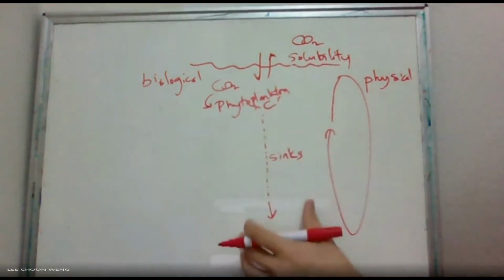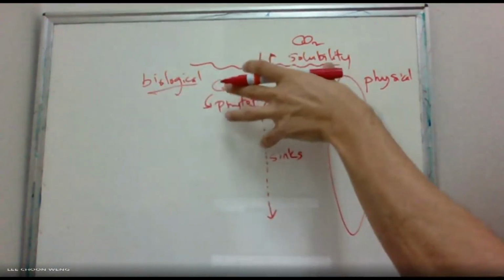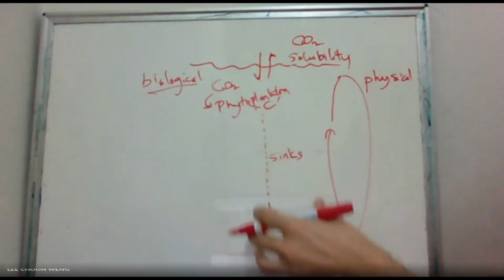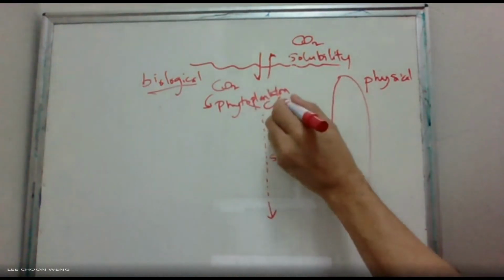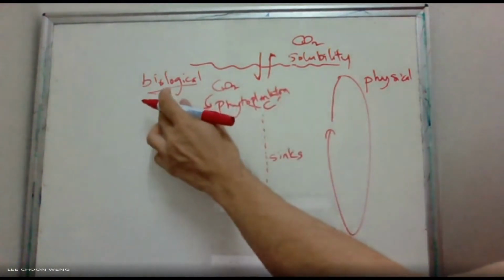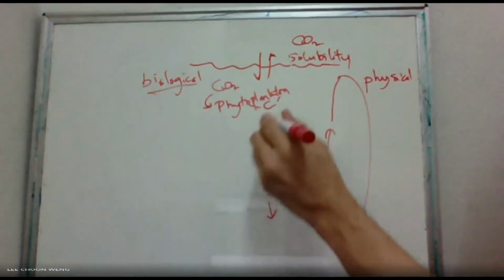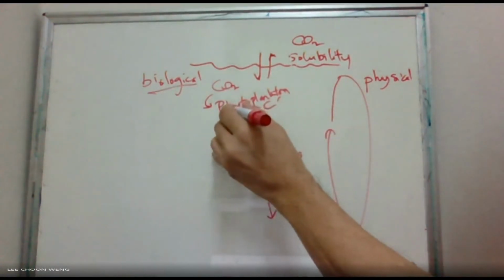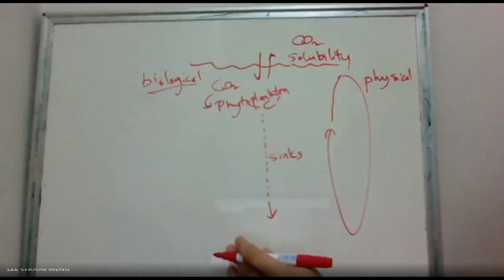And this sinking forms the biological pump, where the CO2 is transferred from the surface to the bottom, but in the form of phytoplankton biomass. So this is how a biological pump works. This is where the CO2 is incorporated into phytoplankton biomass.